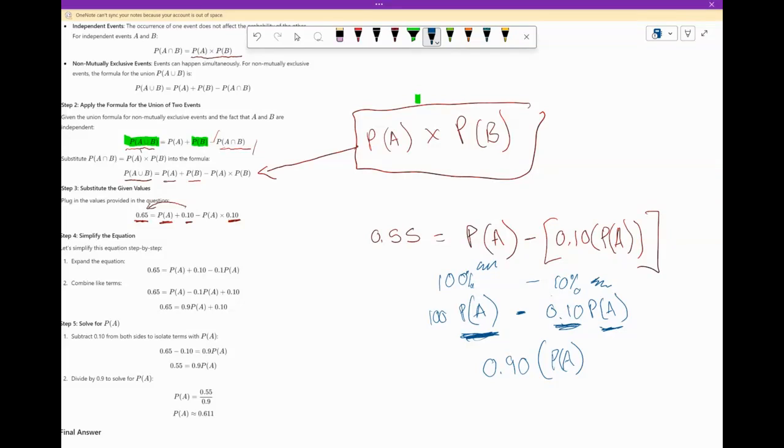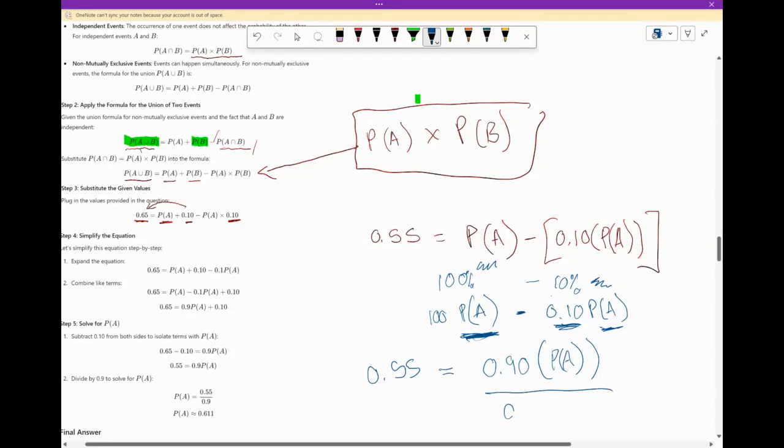One you're working with decimals, the other you're working with percentages, but it's the same. And the other side, nothing has changed. We still have 0.55, isn't it? So then to get the probability of A, what must we do? Because we want to isolate P(A), isn't it?